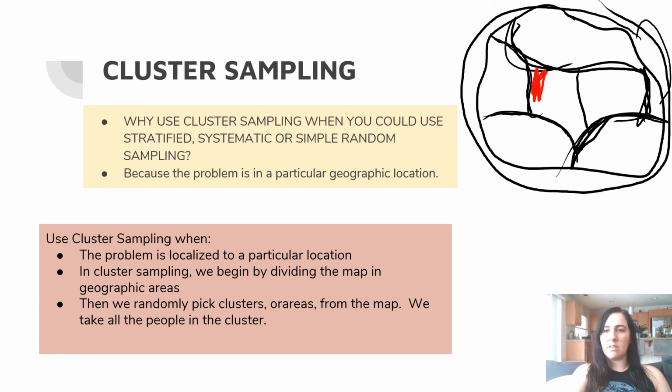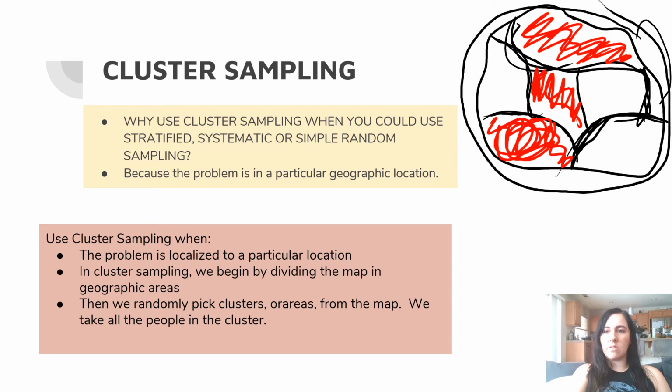We could pick a random cluster here, and maybe that one, and that one. These are random clusters. Within these clusters, we're going to take all the people, all the individuals. Those are going to be your sample, and you're going to get your data from them.